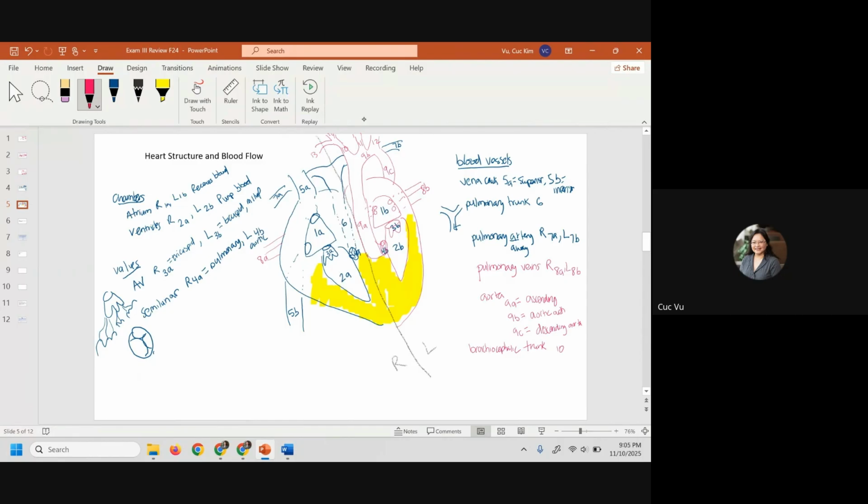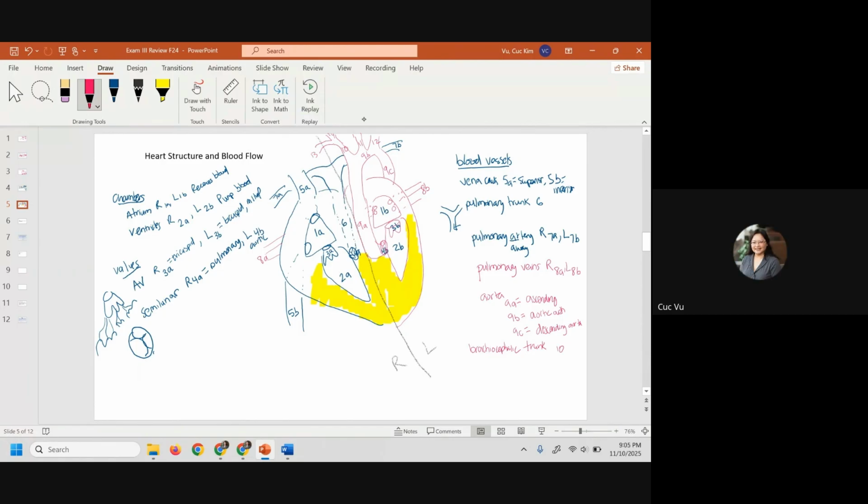So if it's brachiocephalic, what would make sense for 11 to be? Would it supply blood to the left arm, the right arm, the left side of the head, or the right side of the head? Left, maybe. Head or arm? Head, I think. Yes.